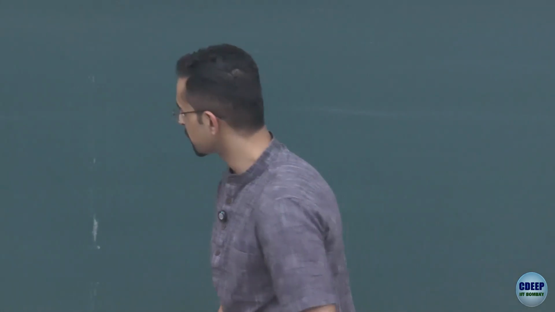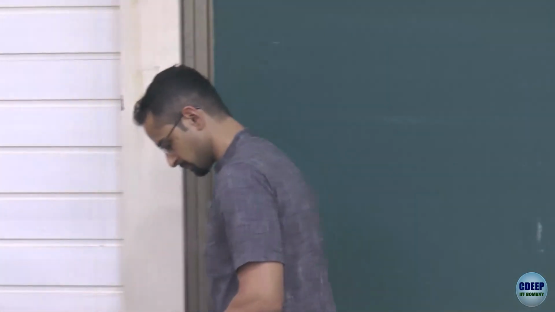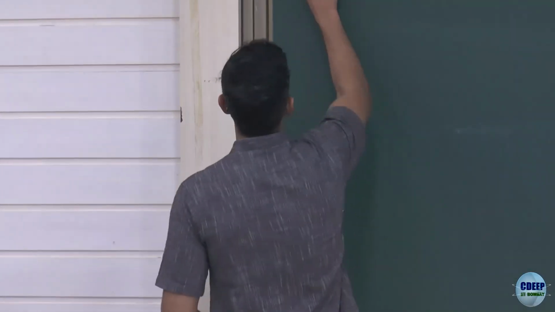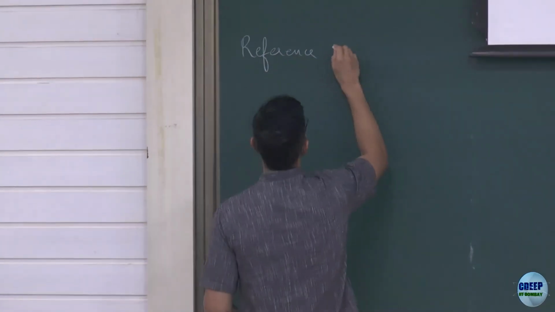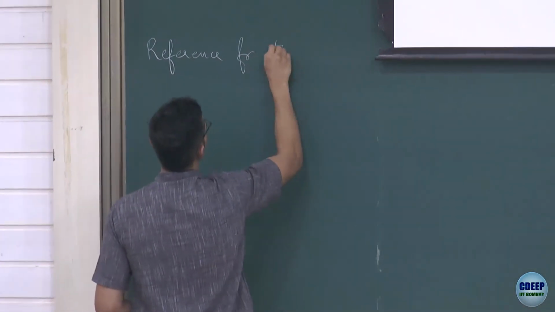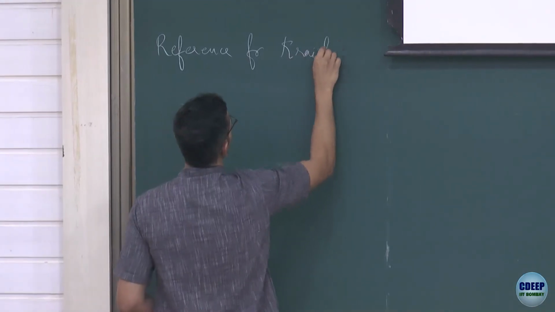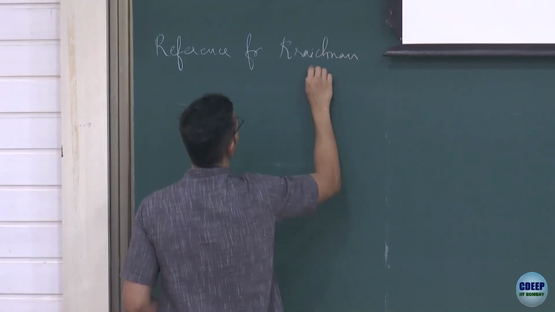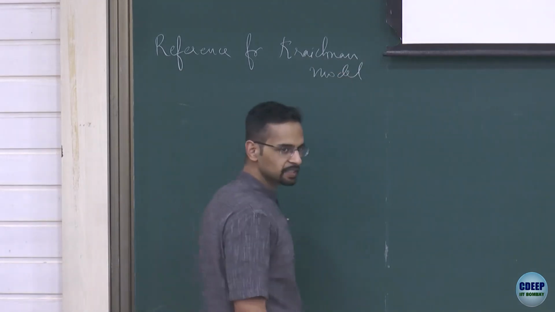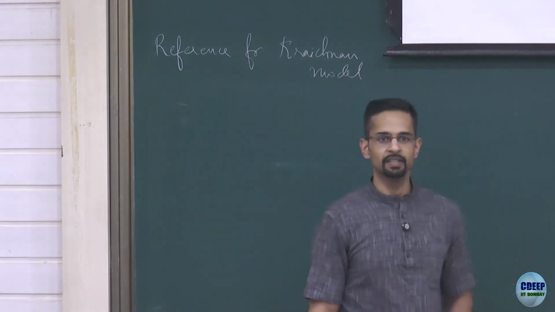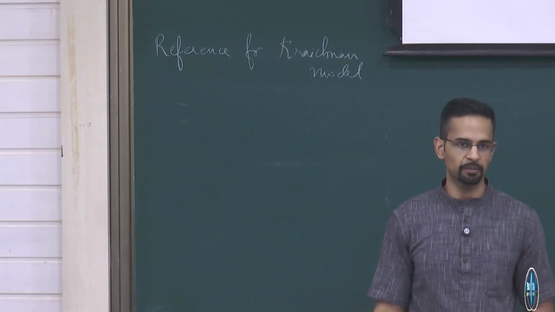Firstly, regarding the Kraichnan model, which I taught last time. What we did in the last class is the most basic result one can get using the Kraichnan model.